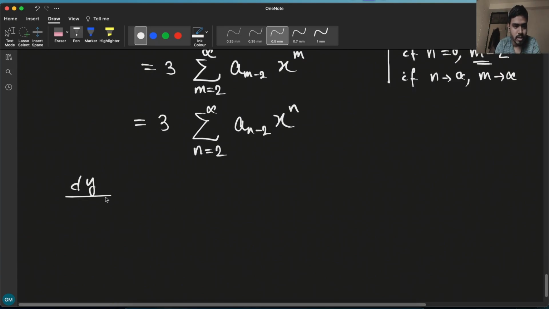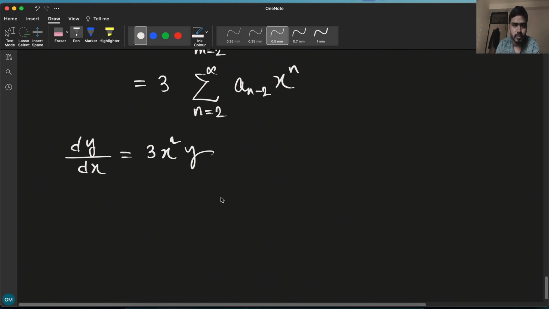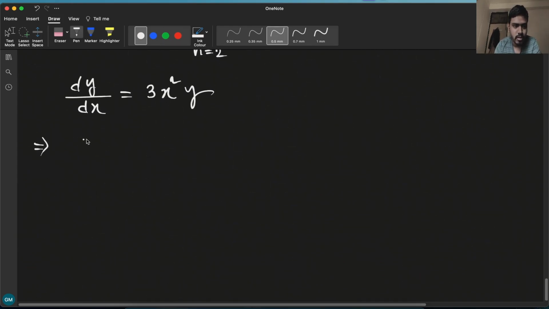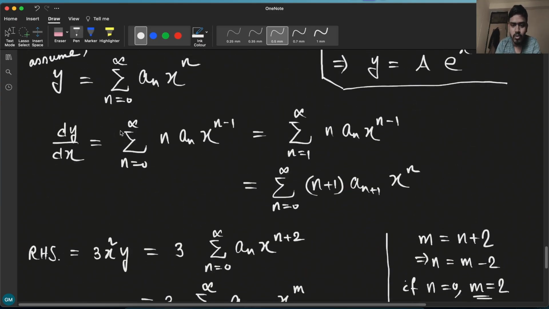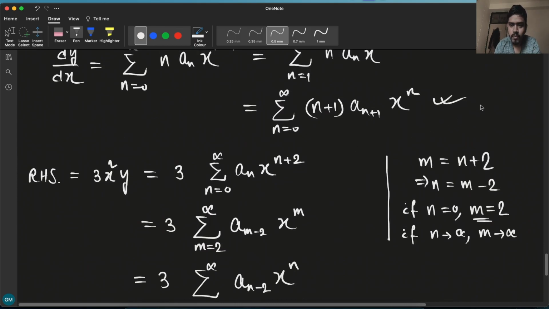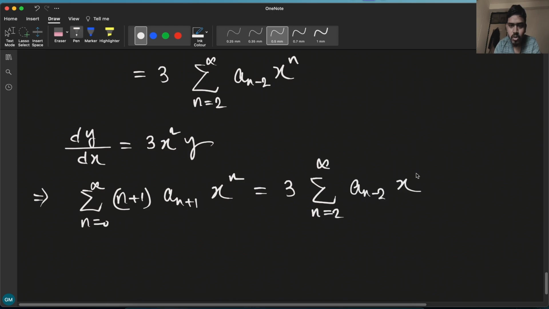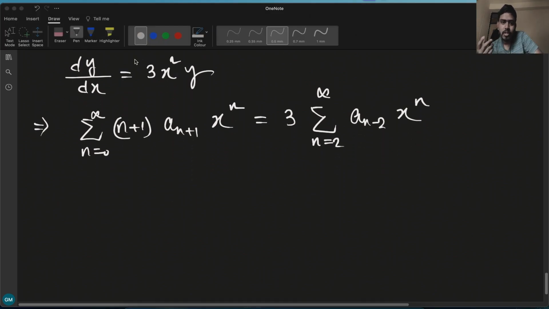The equation we have is basically dy/dx equals 3x squared y, and if we replace it with the series we have, then it will be the sum from n equals 0 to infinity of (n plus 1) a_(n plus 1) x to the power n equals 3 times the sum from n equals 2 to infinity of a_(n minus 2) x to the power n. So we got the equation.